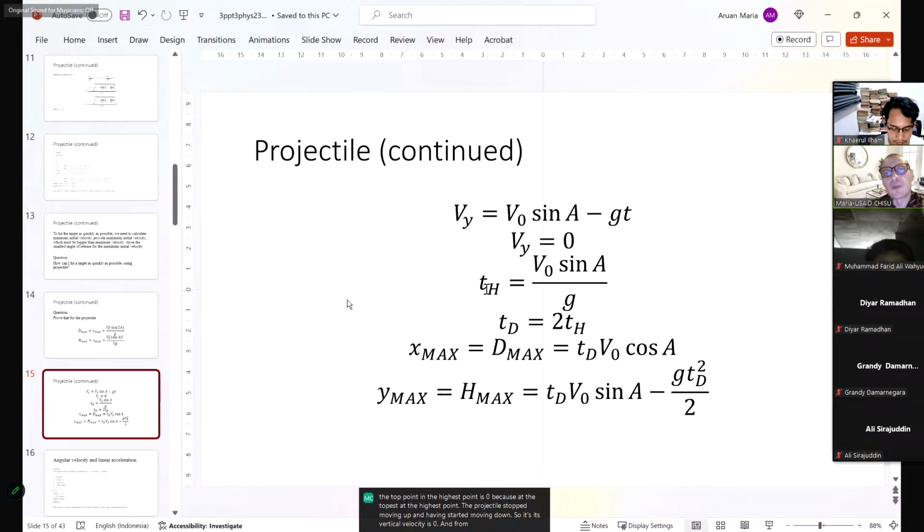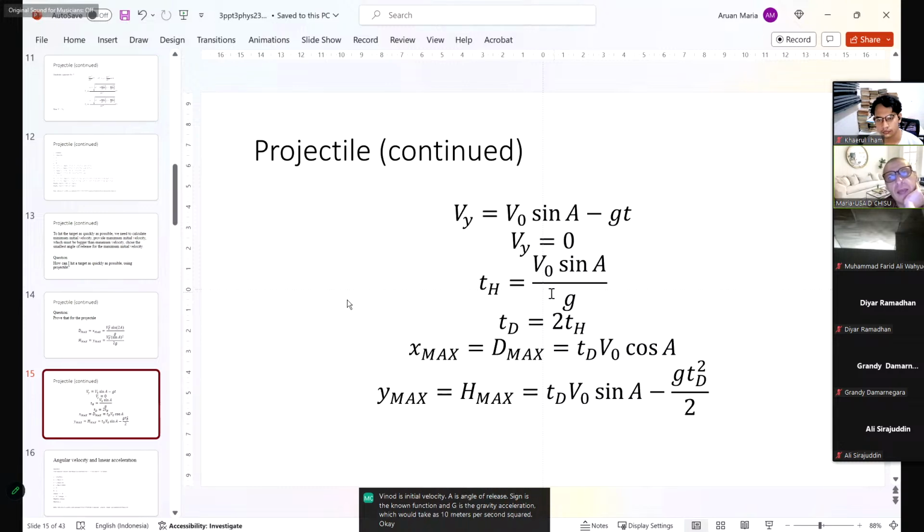And from here we calculate time h, t of maximum height, which is going to be v naught times sine a divided by g. Here v naught is initial velocity, a is angle of release, sine is the known function, and g is the gravity acceleration, which we take as 10 meters per second squared.